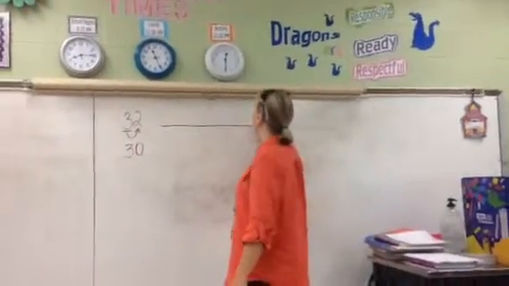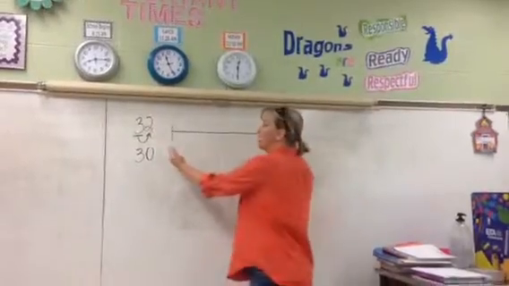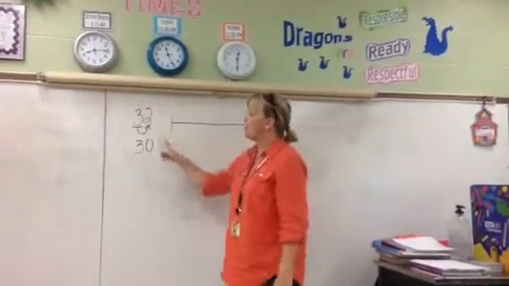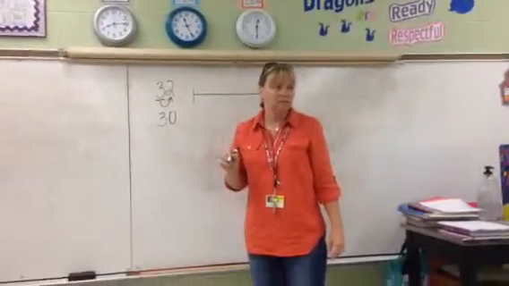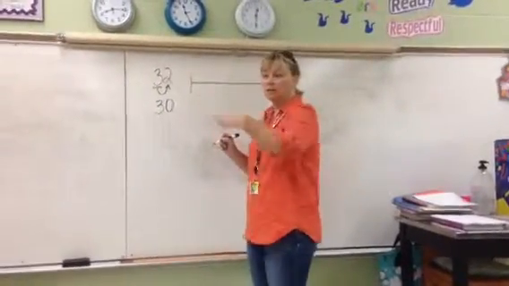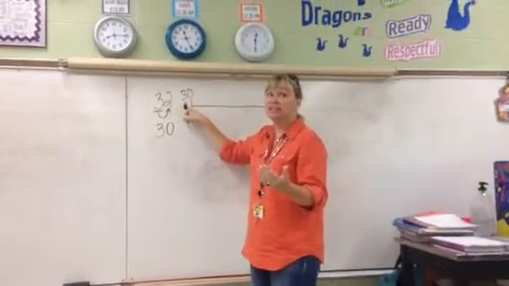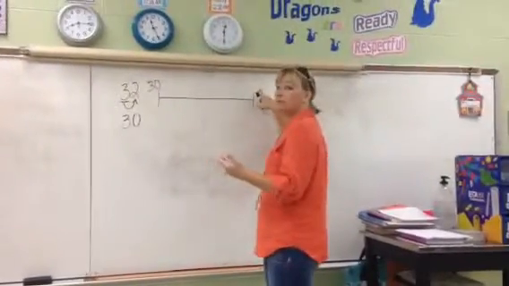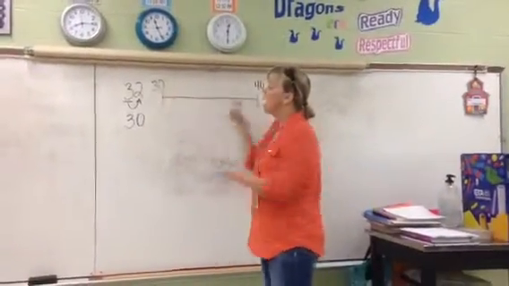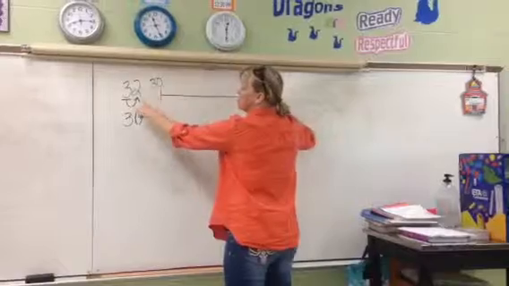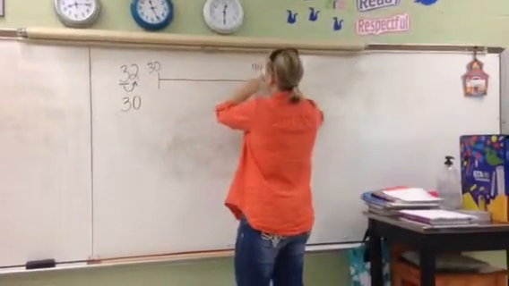Now, I can also do it with a number line. So when I'm deciding how to find my number line, I say to myself, I have 3 tens. How much is 3 tens? 30. If I'm rounding to the nearest 10, how far do I have to go? 10 more, 40. So I'm trying to figure out if 32 is closer to 30 or closer to 40.